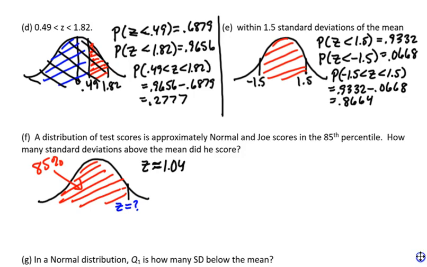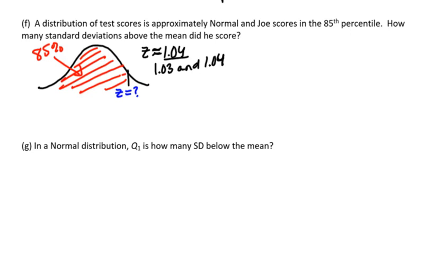Okay, so now this one is a little tougher to do on the table because the table only gives us certain areas, and if we're in between, we're probably in between 1.03 and 1.04, but since we're closest to 1.04, that's the one I'm going to use. And by the way, we'll learn using technology how to get a little more exact on that one.